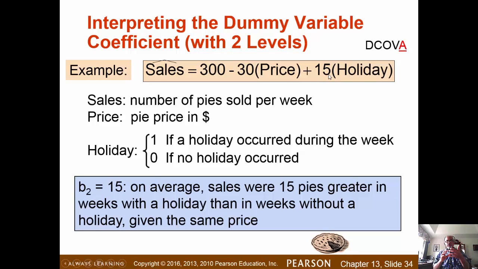Since we coded holidays as 0 or 1, no holiday or holiday, if the week has a holiday, then you are going to sell 15 more pies compared to a week without a holiday. The compared to is when the dummy variable is coded as 0. Now let's look at an example in an Excel file.